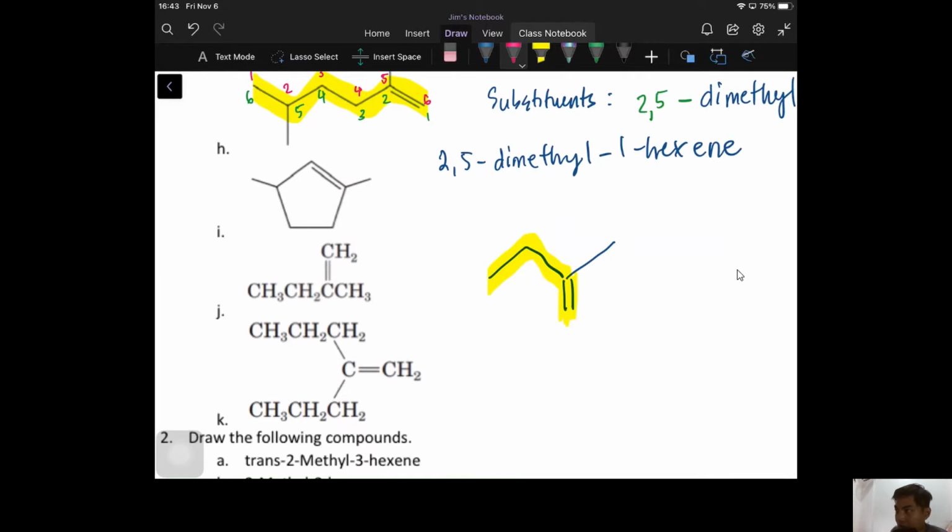Kasi sa alkanes, nag-a-assign tayo ng locant after natin malaman yung substituents. After makita mo yung substituent, doon ka lang maglalagay ng numbers. Dito, after mo malaman yung parent, doon ka maglalagay ng numbers. Then yung substituent, aalamin mo. Okay?